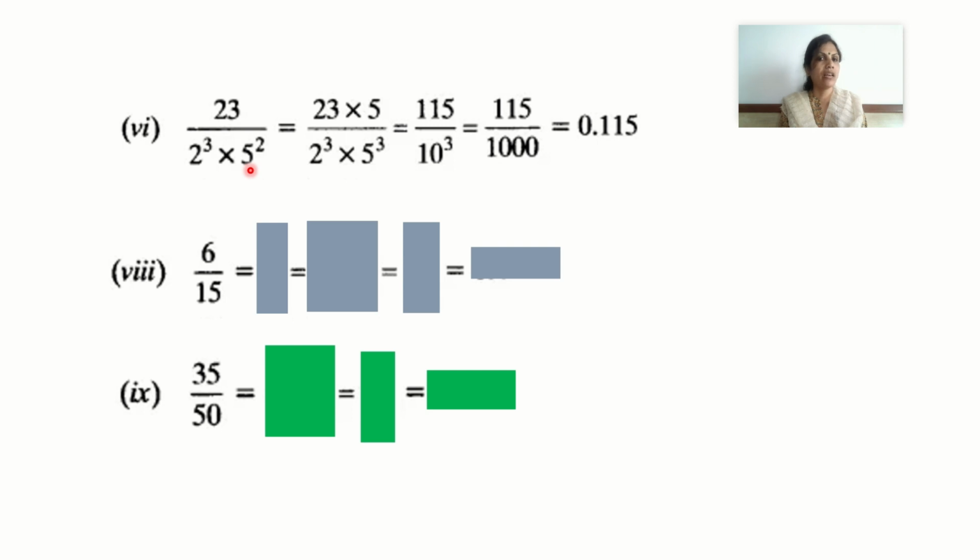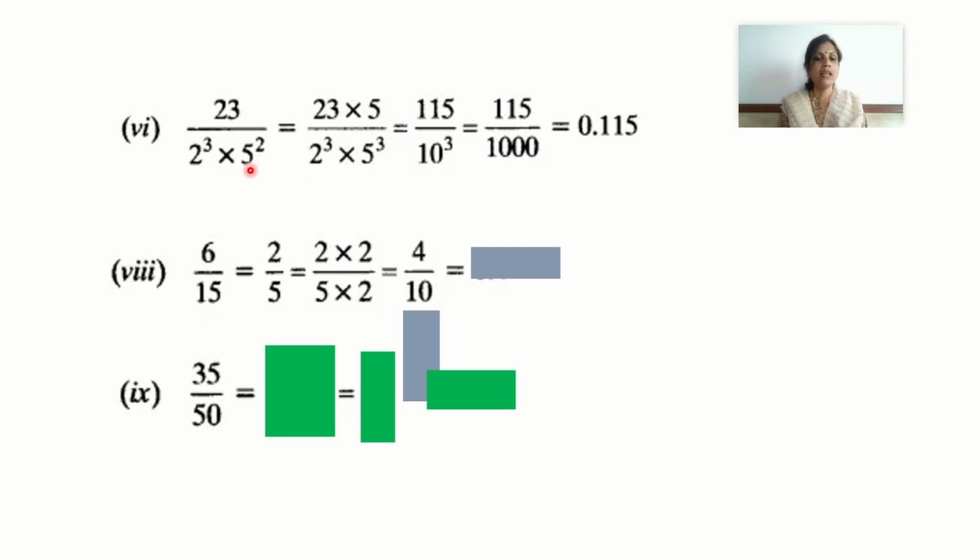Next number is 6 upon 15. You can write it like 2 by 5 because I have reduced the number. 2 by 5 you can write 2 into 2 upon 5 into 2 because I want 10 at the denominator, isn't it? So 4 by 10, 0.4. This is the simple one. Next is 35 upon 50. So 7 upon 2 into 5.